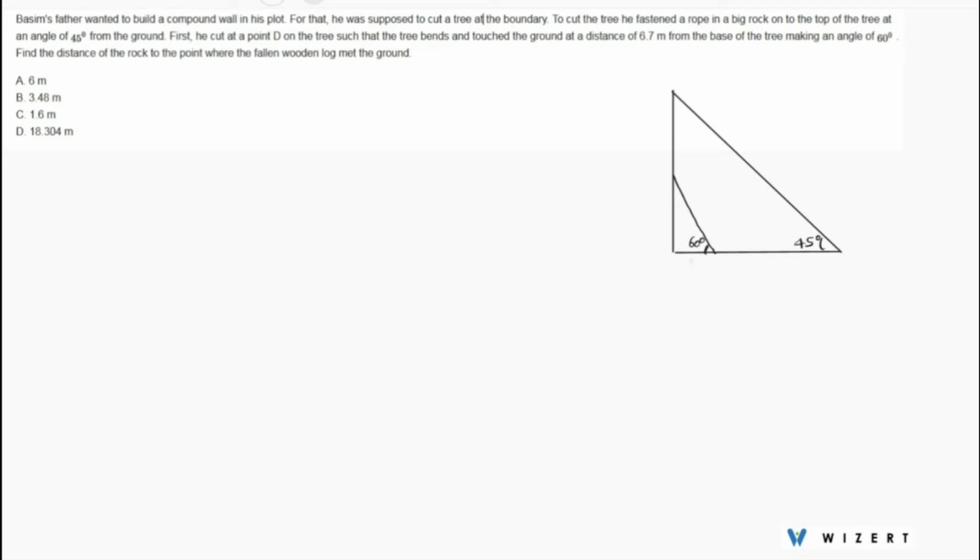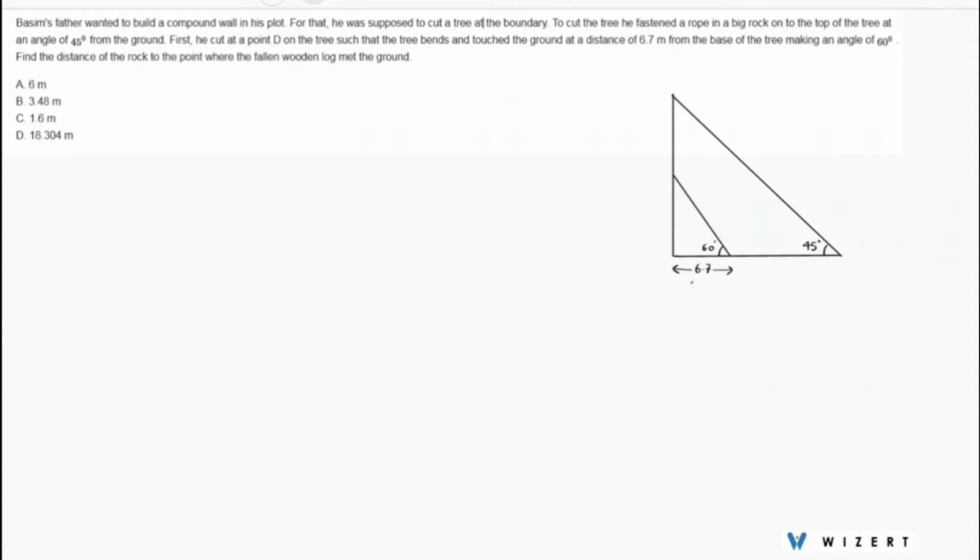So this is 60 degrees and this is 6.7 meters from here to here. Now with this information we have to find the distance to the rock where the fallen wood log met the ground. So we have to find this distance.